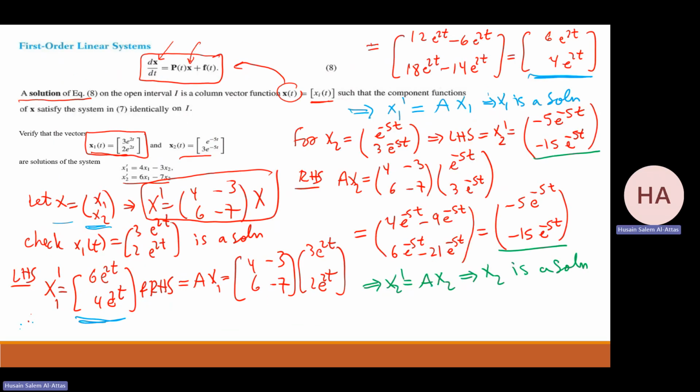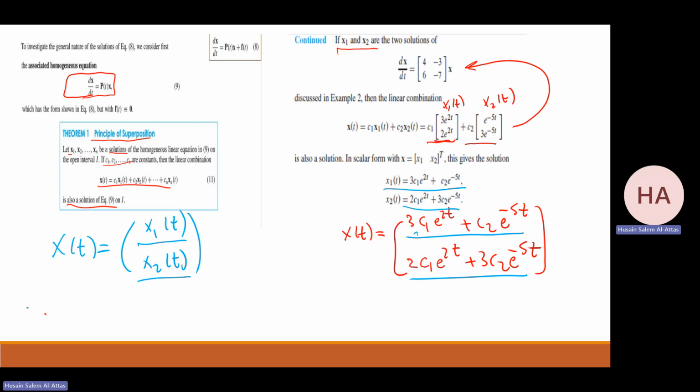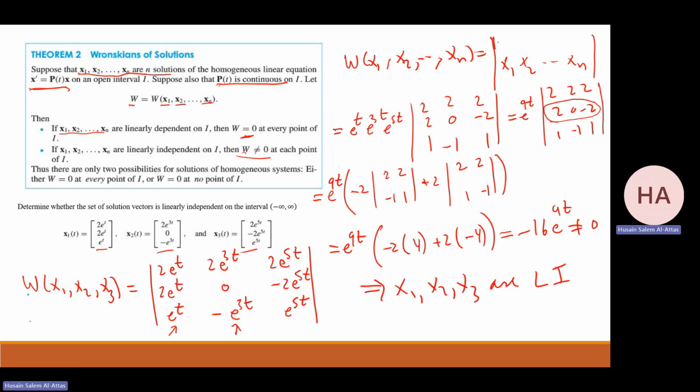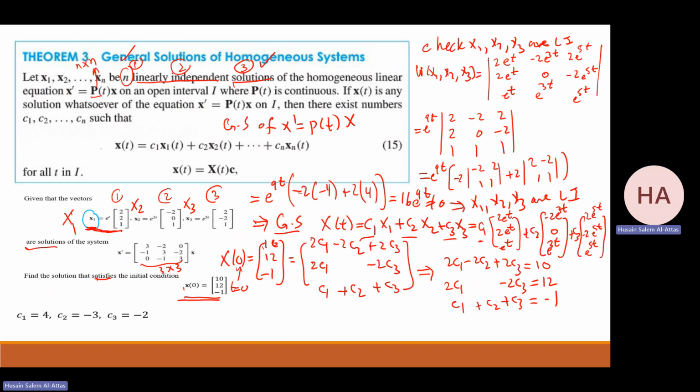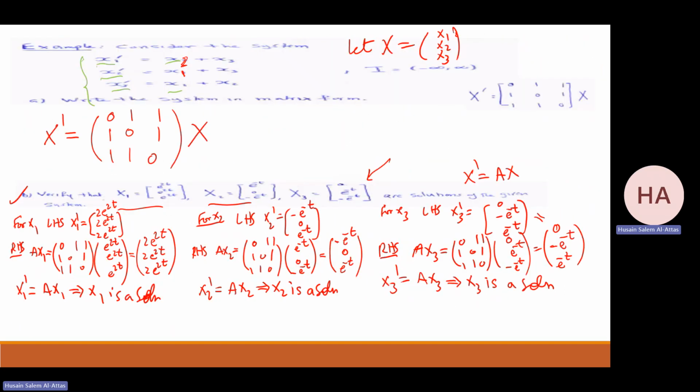Then we talked about how to check its solution. Then the principle of superposition, where a linear combination is also a solution. Then we talked about the Wronskian to check whether they are linearly independent or not. And then we went to the general solution, the form for the general solution for the homogeneous systems.